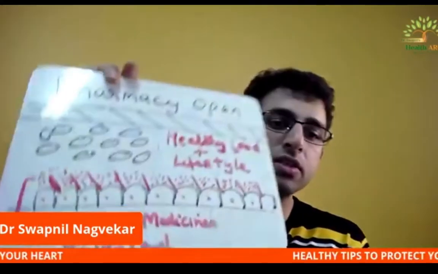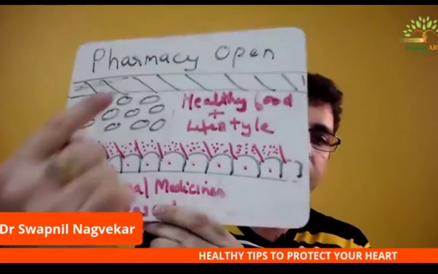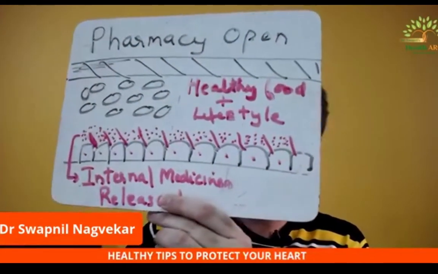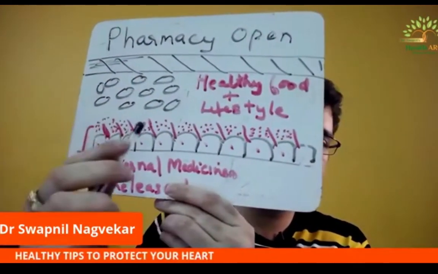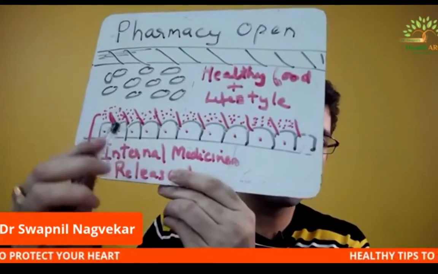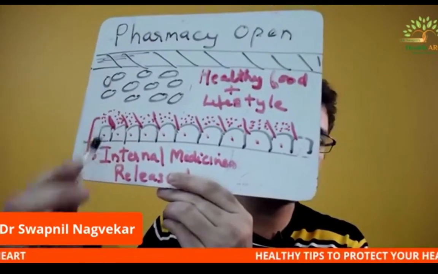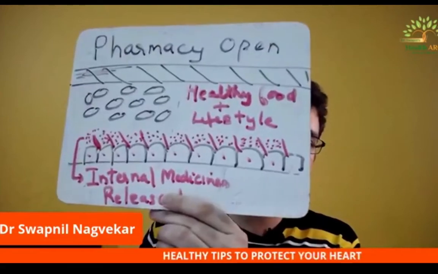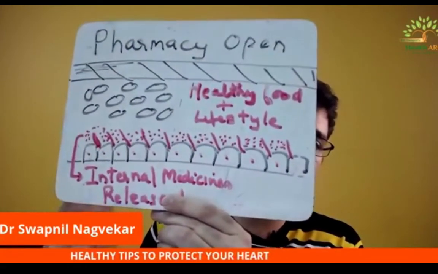Now I'll tell you one thing which is very important. Our body has its own internal pharmacy. I'll show you one pictorial diagram now. This is a diagram of a blood vessel, and this is the endothelium, and these red things are substances which are released from the blood vessels.